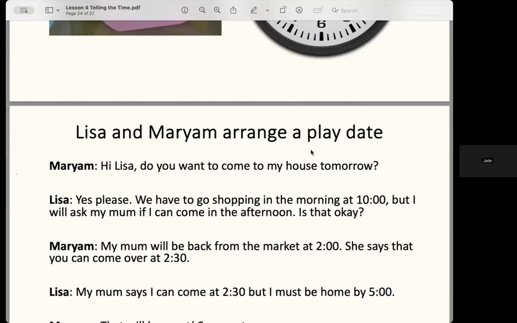Instead of a romantic date, it's a play date. But it's kind of a new term, isn't it, Nikki? Like when we were growing up, we didn't talk about it, because we're very, very old. So yeah, when we were young, we never referred to it as a play date. But all of our children, that's what we organized for them. It became fashionable to call it play date.